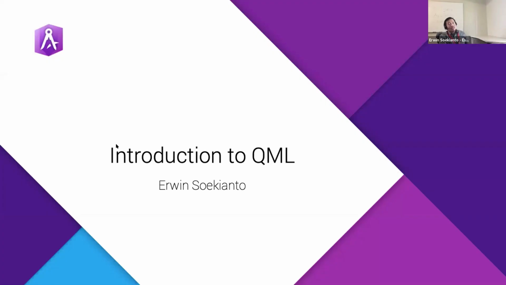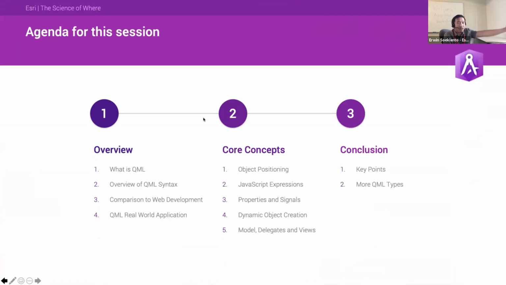All right. So we are going to get into what's inside AppStudio. The first thing we want to do, at least for this week, is to just introduce you a little bit to what QML is. We're not going to talk about everything in QML. That's going to be on Tuesday next week, but we are going to talk about just the first overview.